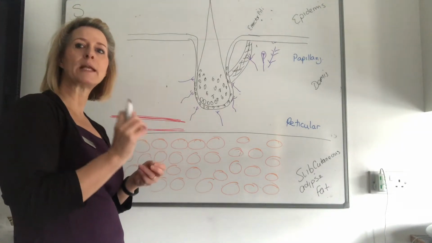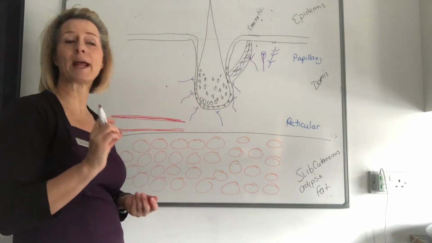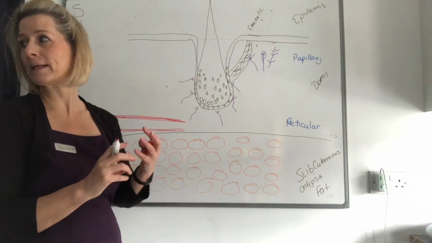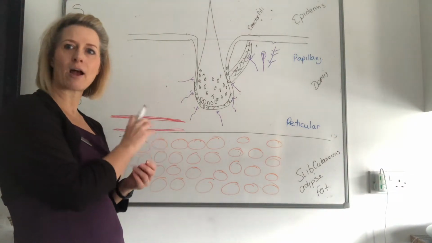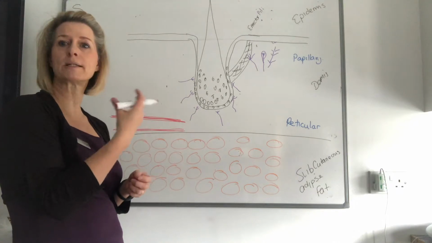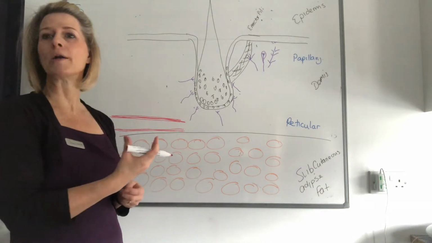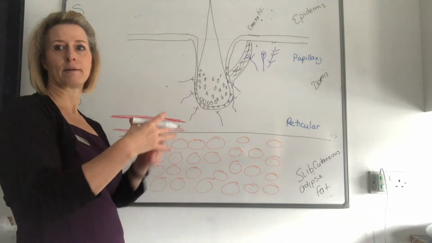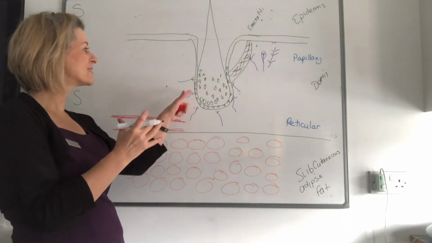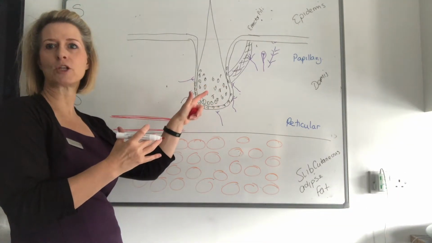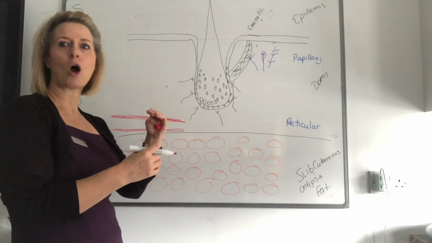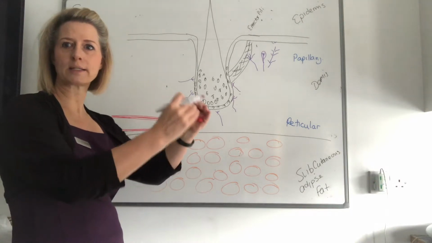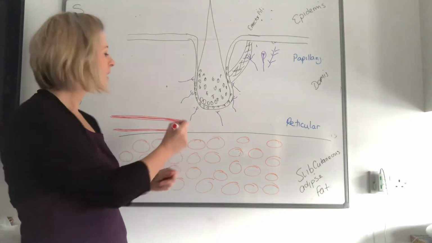What we need is to get those vessels down to an area where diffusion can take place. Everything that's in that artery, all the nutrients, the oxygen, the hormones, needs to come out of the vessel into the cells so that they can do their job. So there is a process of going down into smaller and smaller vessels.